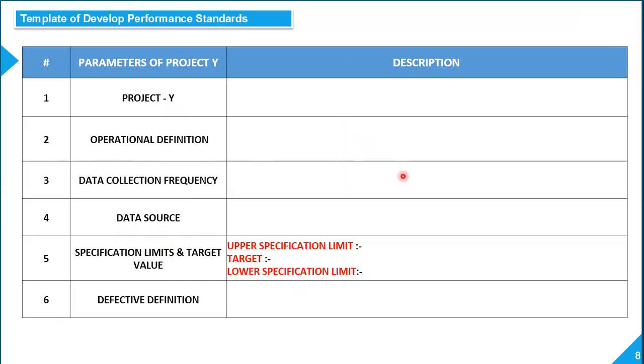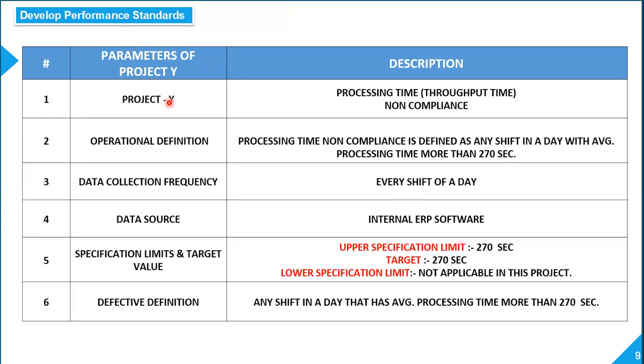Let's get into our case of PT non-compliance and see how the performance standard document for PT non-compliance looks. Next slide. Right. So what is my project Y? Processing time, also called throughput time. So processing time non-compliance is my project Y. What is the definition of PT non-compliance?